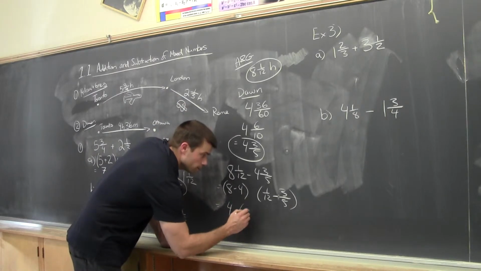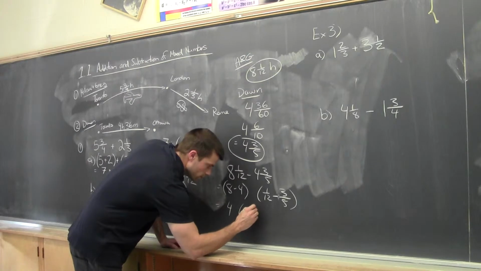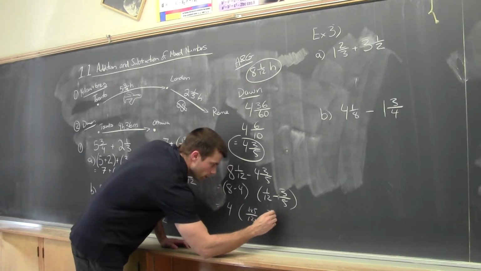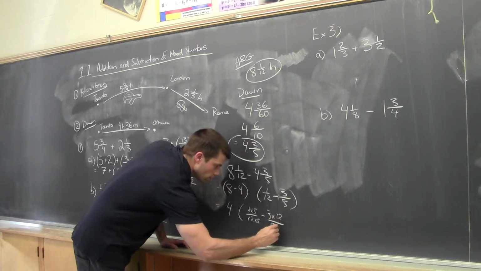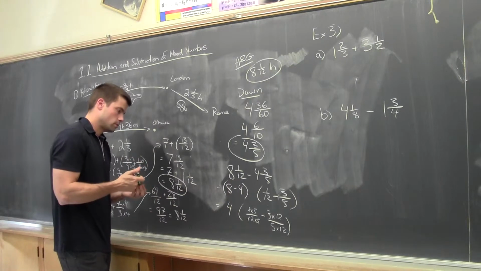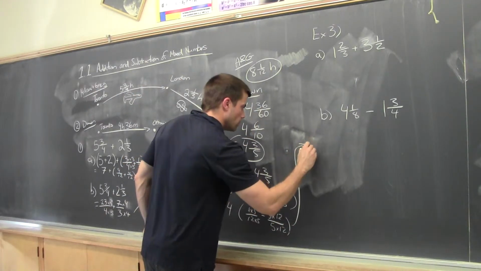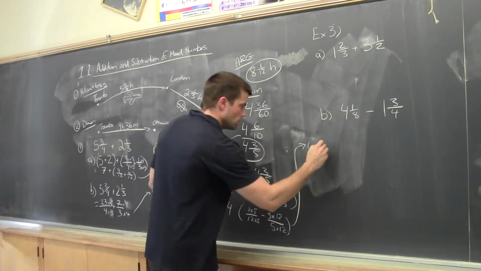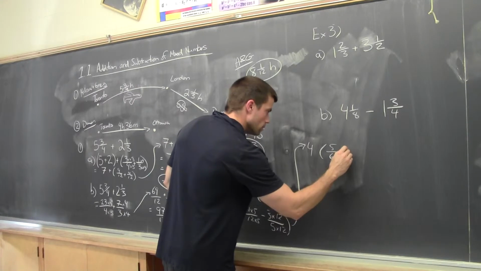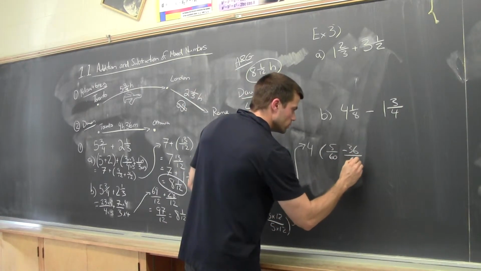So this gives us 1 times 5 over 12 times 5, minus 3 times 12 over 5 times 12. We're left with 4 and 5 over 60 minus 36 over 60.